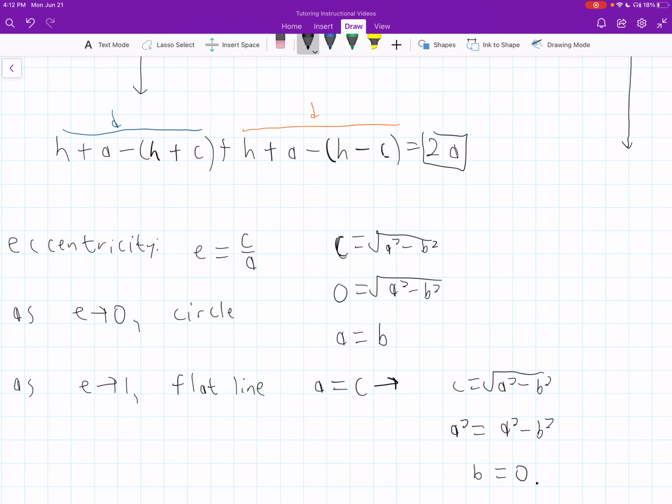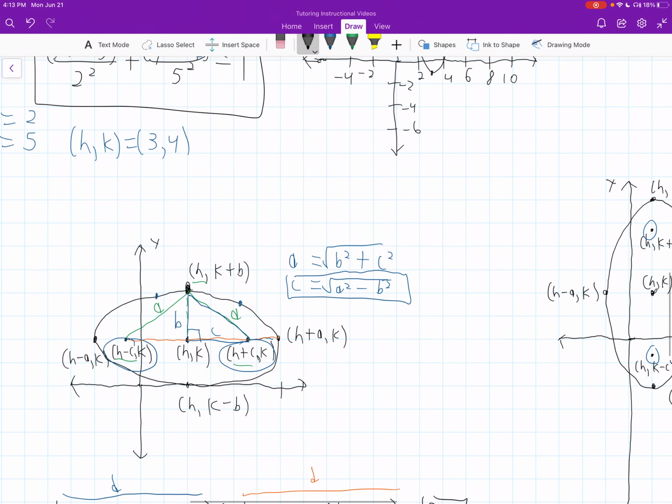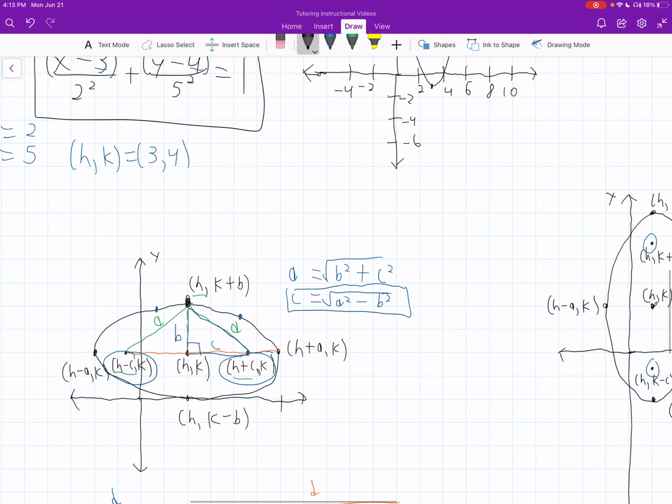And then what is the definition of b? That's essentially half the height of our ellipse, because it goes from minus b to plus b. So if b is 0, the height would collapse, and you would end up with just a horizontal line.